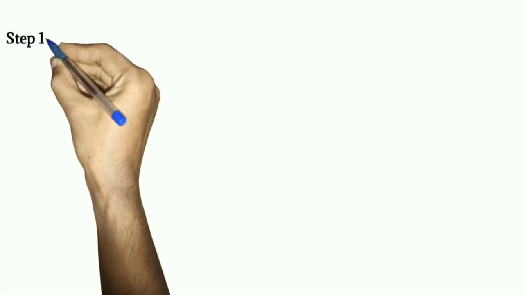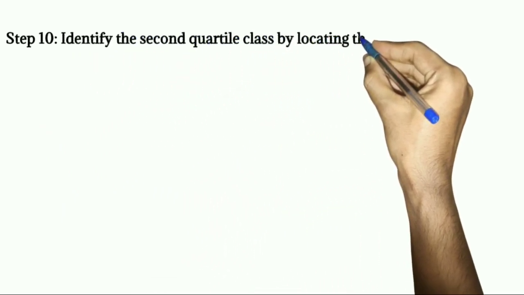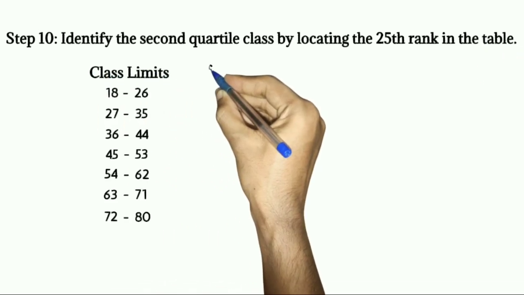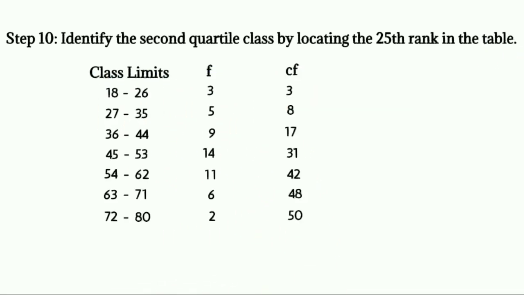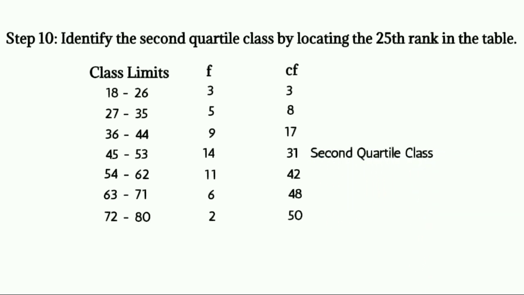After that, the next step is to identify the second quartile class by locating the 25th rank in the table. Since yung 25 ay mas mataas sa 17, the second quartile class is this. Because this class covers the 18th to 31st rank in the frequency distribution.